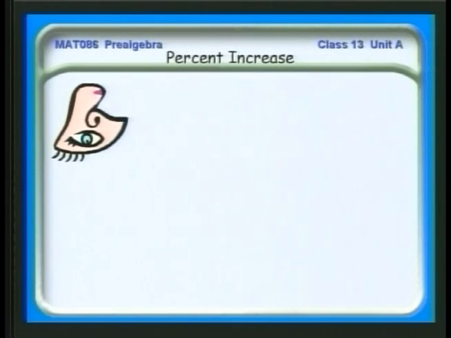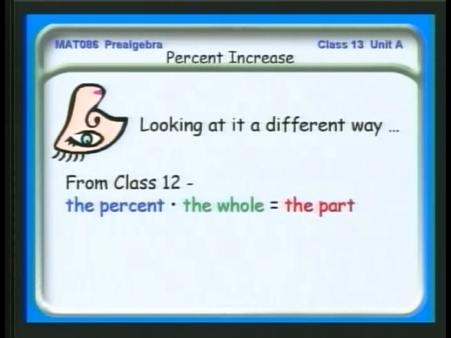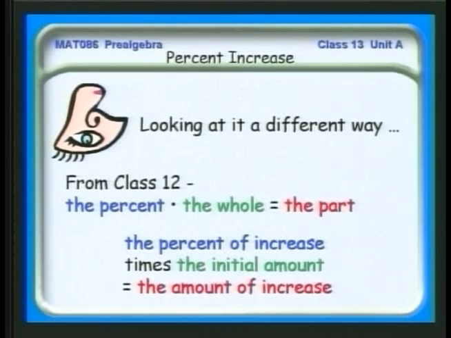Let's take a look at percent of increase a slightly different way, and let's relate it to what we've learned in class 12. We've seen, if you remember, that a percent of something times the whole thing is equal to the part of the thing. We can look at percent of increase in the same way.